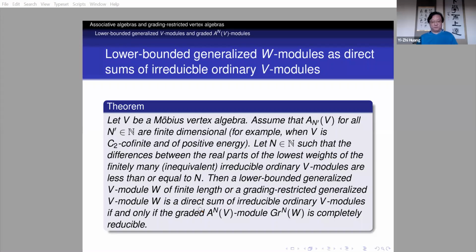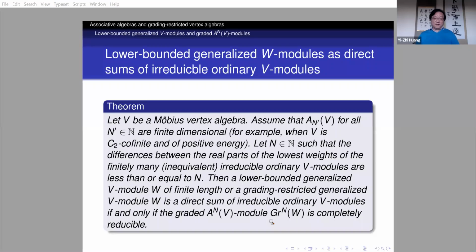Then these must be a direct sum of irreducible ordinary V-modules if and only if the graded A_n(V)-module gr_n(W) is completely reducible. So that is the last result I want to report here. Basically this is the main thing I want to discuss.